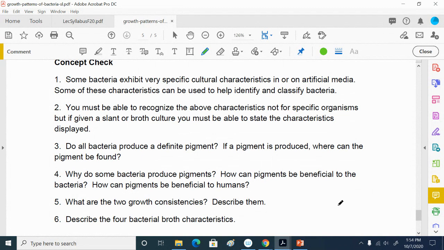And so why do some bacteria produce these very colorful pigments? Is it just to make them look pretty?